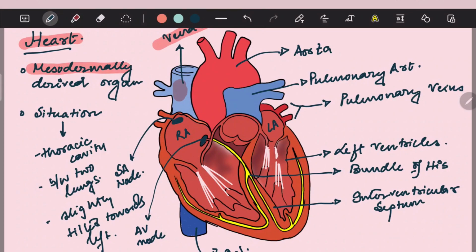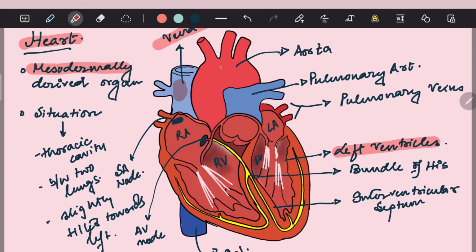As we know, the human heart is four-chambered. It has two atria and two ventricles. This major portion which you can see is the right ventricle, and this is the left ventricle. These are the two atria and these are the two ventricles.